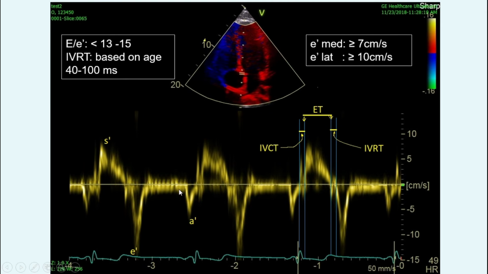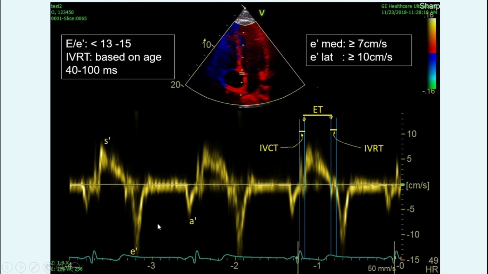At the end of diastole, one more time, the annulus of the mitral valve drops again and gives us the second negative Doppler shift wave, and we call it A prime. We usually measure only E prime in the mitral valve annulus tissue Doppler.